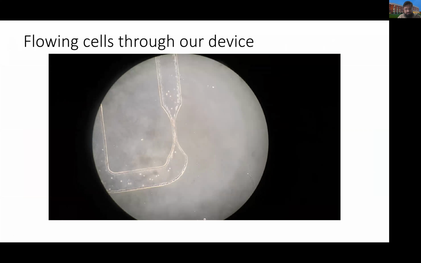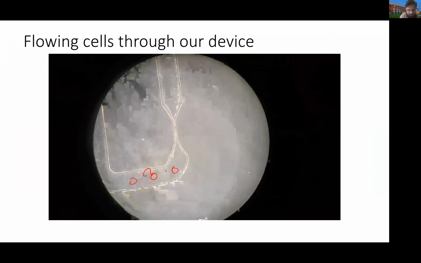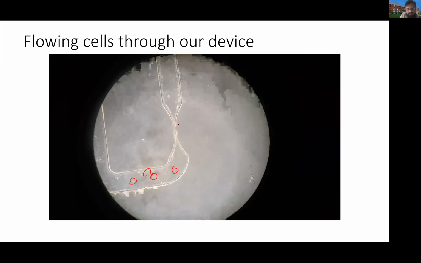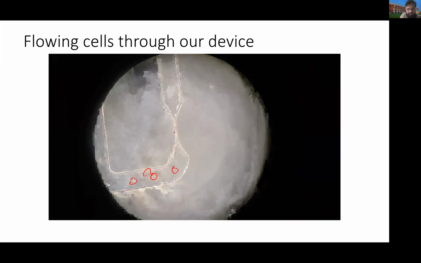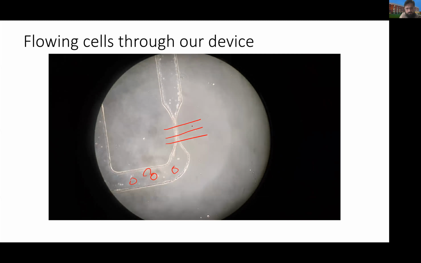So these small dots that you can see, if you look very closely, are all cells. These cells are moving, and here we have electrodes. The electrodes are not visible in this video, but actually you have electrodes.